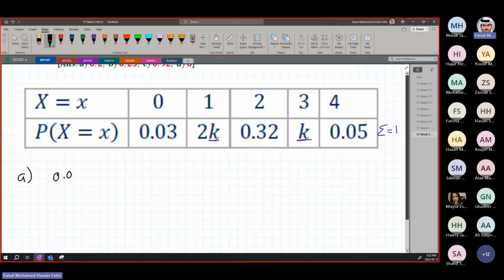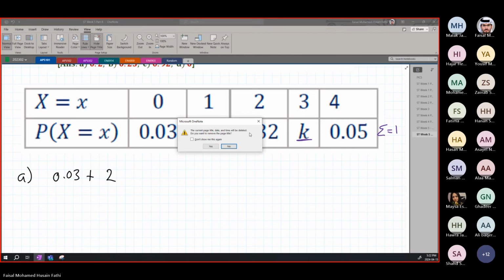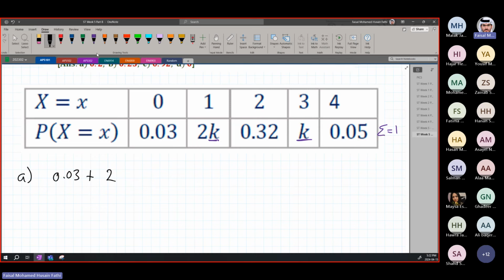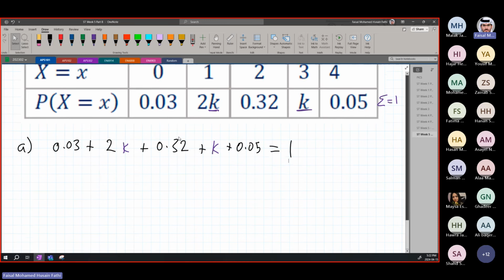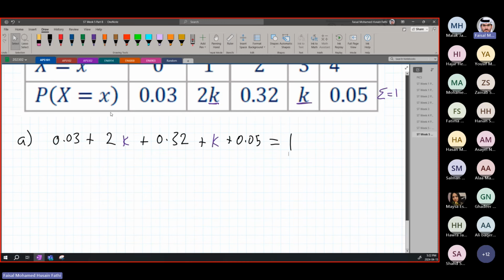So 0.03 plus 2k plus 2k, plus 0.32 plus k, plus 0.05 is equal to 1, because this is a valid probability, so it has to all be equal to 1. Now all you have to do is simplify and solve for k.